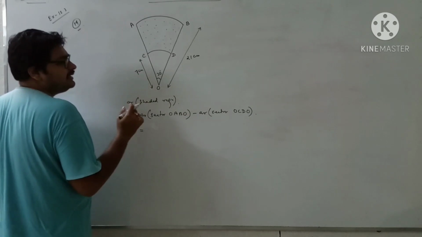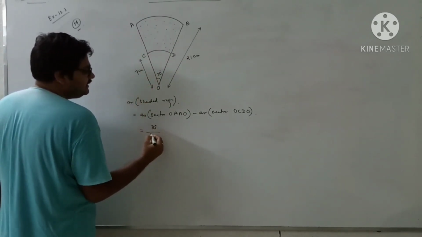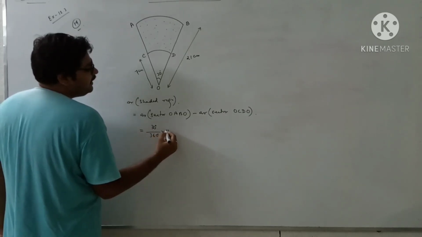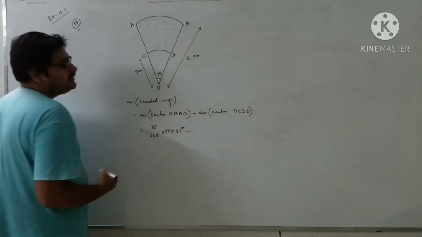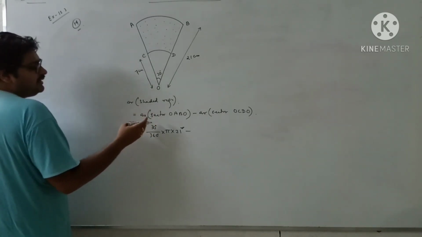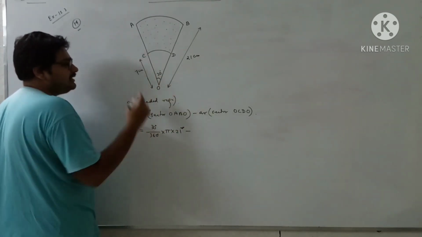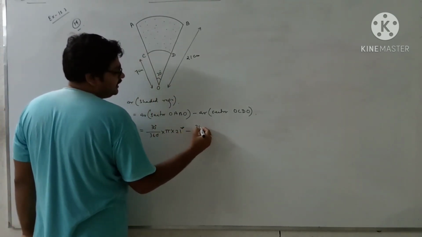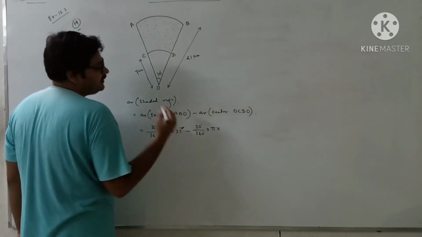Sectorial angle is already 30 degree for both the bigger sector and smaller sector, so it will be 30 degree by 360 degree into pi r square, meaning 21 square because the bigger one we have taken first. So 30 by 360 into pi into 21 square minus the smaller sector area, 30 degree by 360 degree into pi into 7 square.